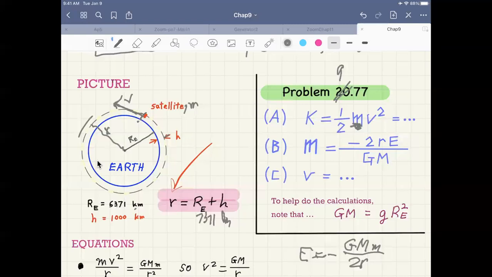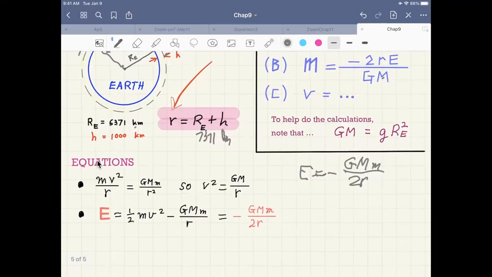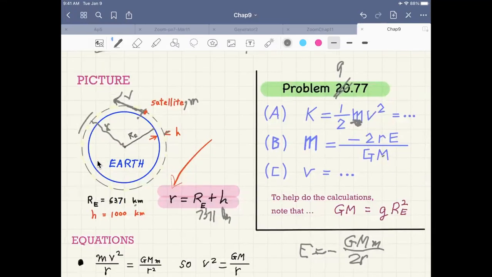Now, E is given, G is universal, M is the mass of the Earth, little m is the mass of the satellite. That's one of the unknowns. So, I have various equations. And I have to put those equations together.